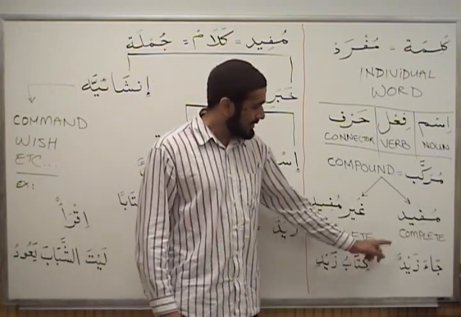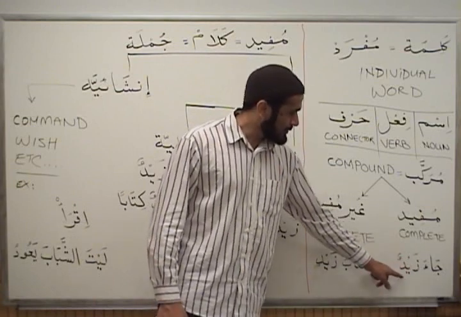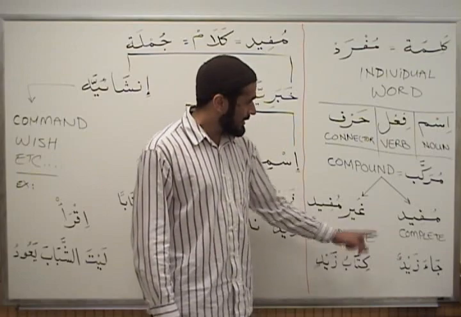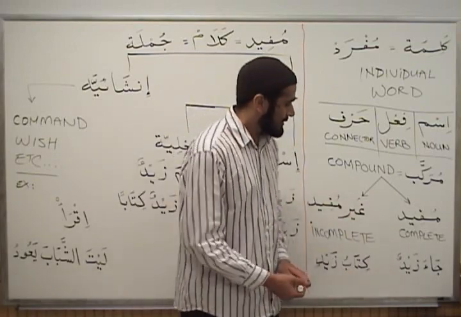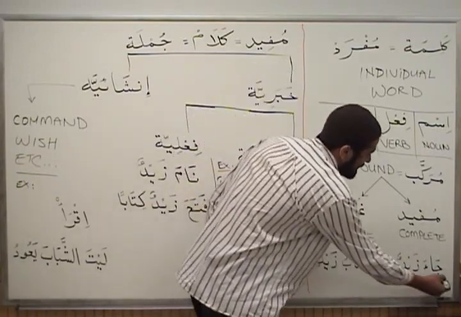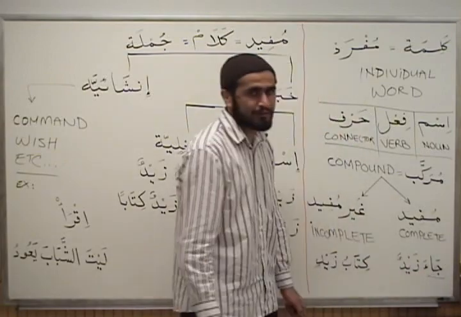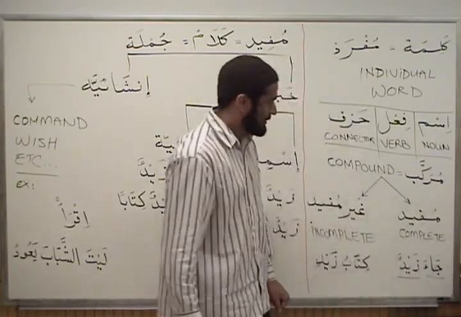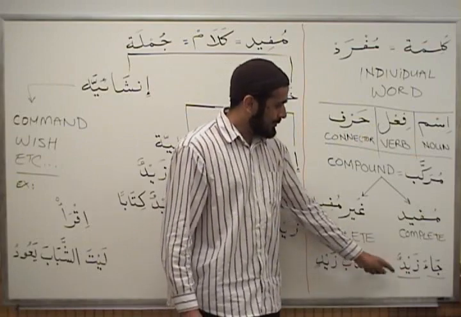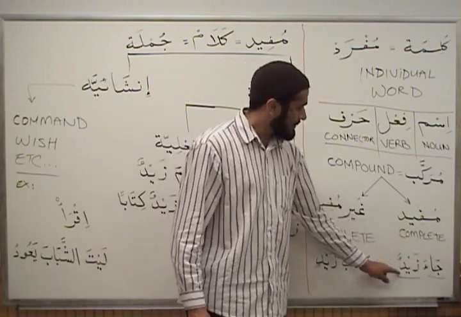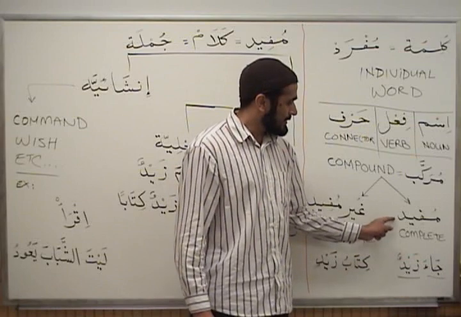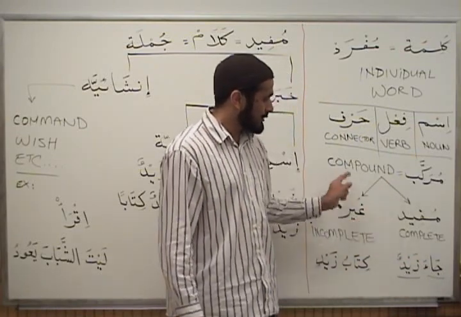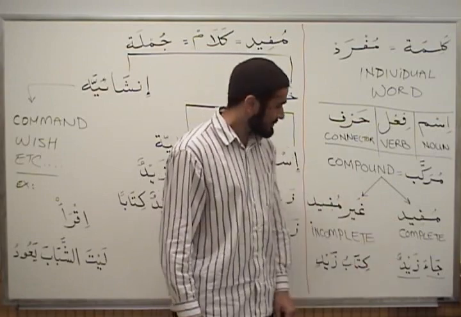For example, when you say Ja'a Zaydun, Zayd came, this is a murakkab, a compound, and it is a combination of a fi'l. Ja'a is a fi'l, a verb, and Zaydun is an ism, a noun. So we have a compound of fi'l and ism, and this is a mufid murakkab, or a complete compound. It has a complete meaning.